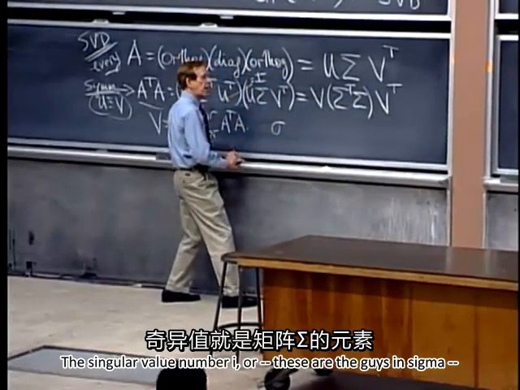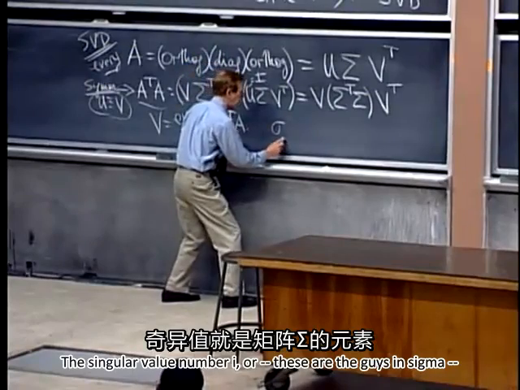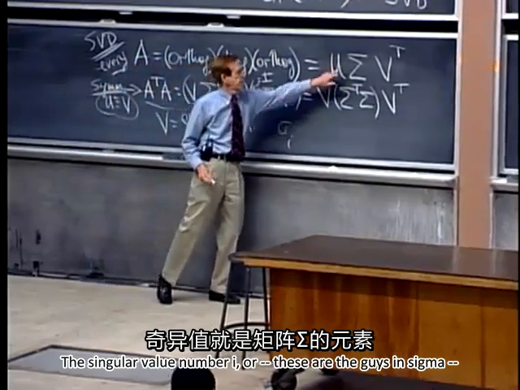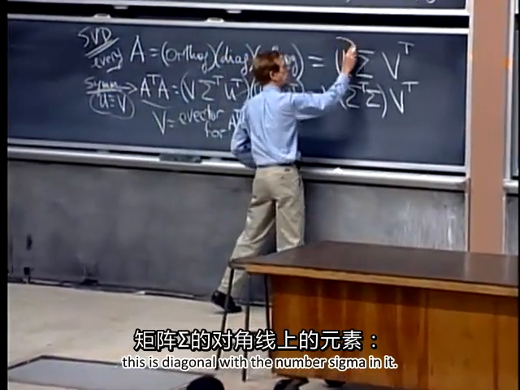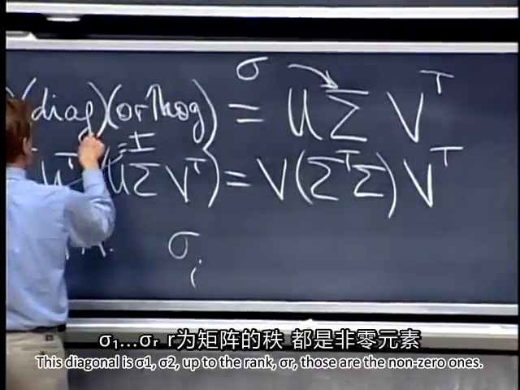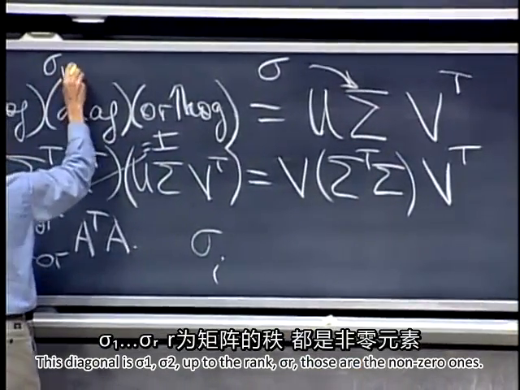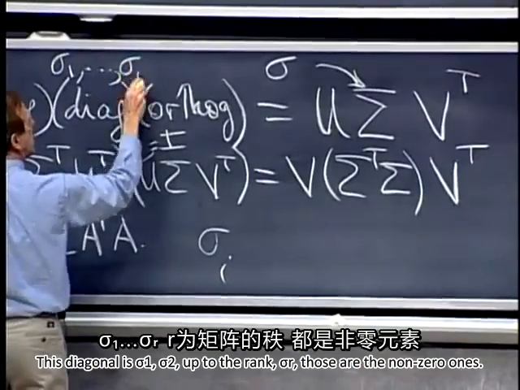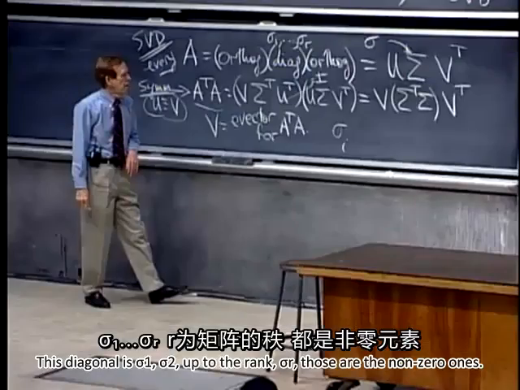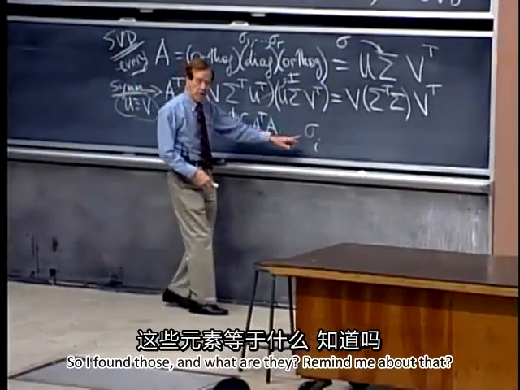What were the singular values? The singular values are the guys in sigma. This is diagonal with the numbers sigma in it: sigma 1, sigma 2, up to the rank, sigma r. Those are the non-zero ones. So I found those, and what are they?